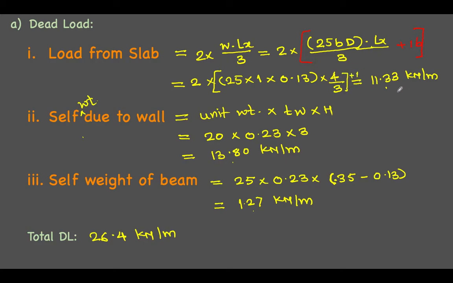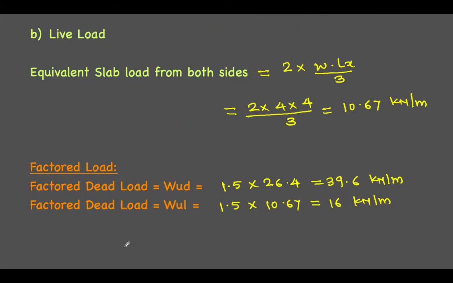So this we will be getting as 11.33 kilonewton per meter, and thus dead load includes load from slab, which includes self weight of slab plus floor finish. So we have considered this, and accordingly we will be getting total dead load as 26.4 kilonewton per running meter.